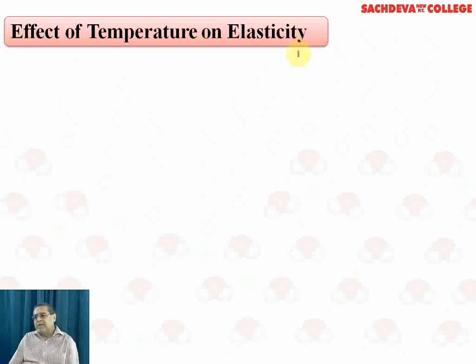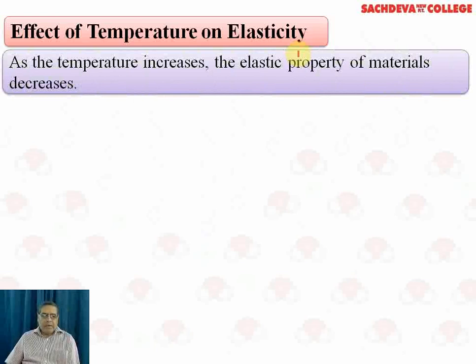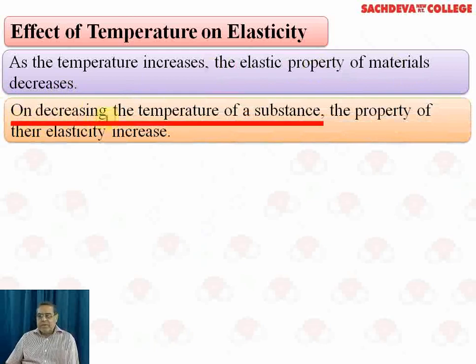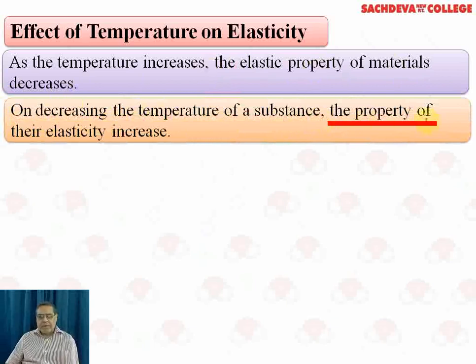When some heat is applied or the temperature is changed, the elastic body will have slight variations lengthwise, areawise and volumewise. As the temperature increases, the elastic property of the material decreases. On decreasing the temperature of a substance, the property of elasticity increases, that is, elasticity will be more.